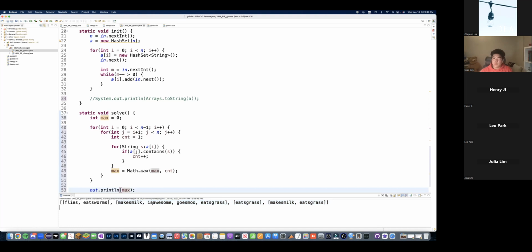Is awesome is only 1, and 1 is not bigger than 2. Goes moo appears only once, smaller than 2, so it's still 2. Eats grass appears 3 times, so max becomes 3. Then we move here: eats grass appears twice, still smaller than 3. Go here, it's going to be 1 no matter what because there's nothing after it. So the max will ultimately end up as 3.